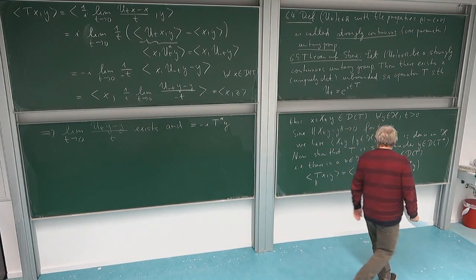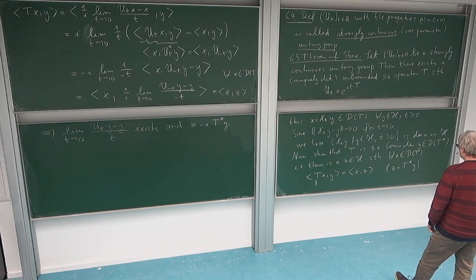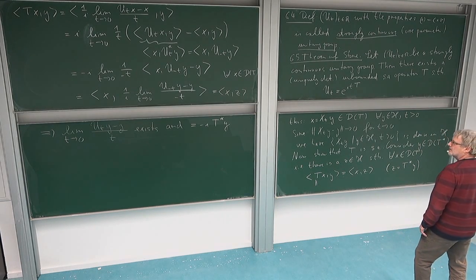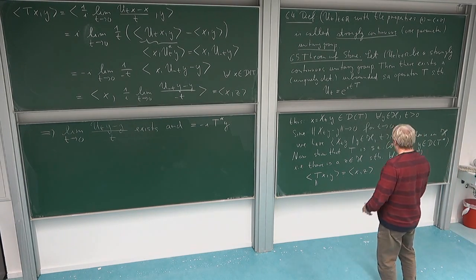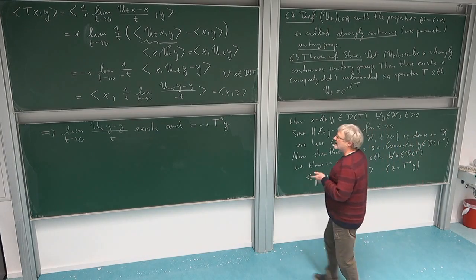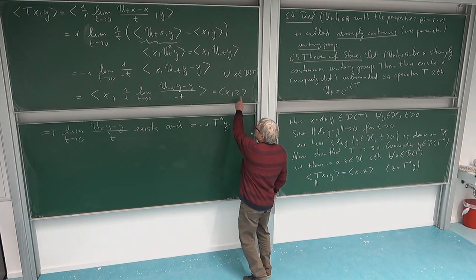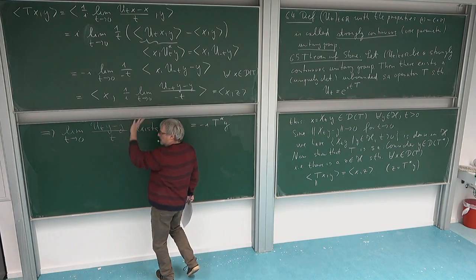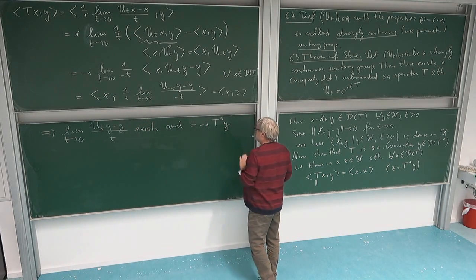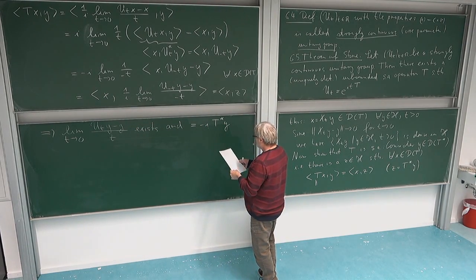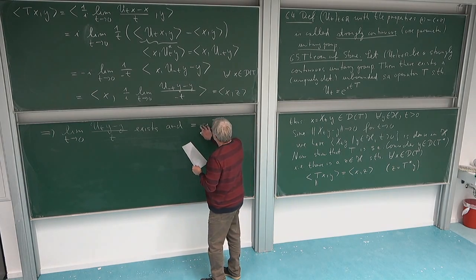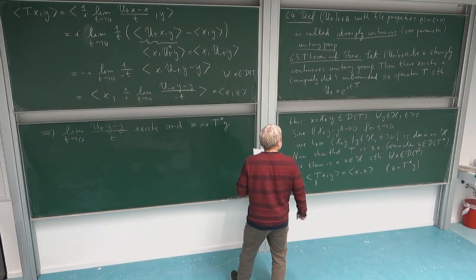Because this set, okay, maybe I have forgotten. No, did I? No, this set is t star of y. But this set is this limit up to this factor 1 over I. So this appears here explicitly.